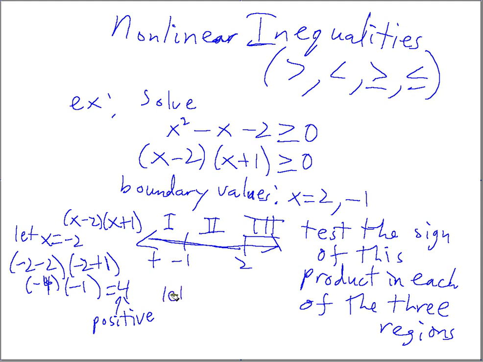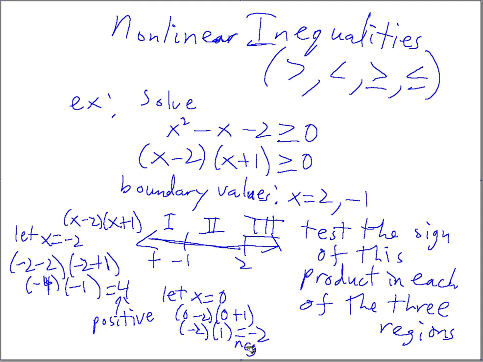So let's let x... You can start doing this in your head a little bit too, by the way. You don't have to show all the work. If I pick x to be 0 and plug it in, I'm going to get what? I'm going to get 0 minus 2 for this product, right? And 0 plus 1. All right, and that's going to be what? -2 times 1. That's -2. All right, -2. So, but what's that? That's a negative number, right? That's a negative result.